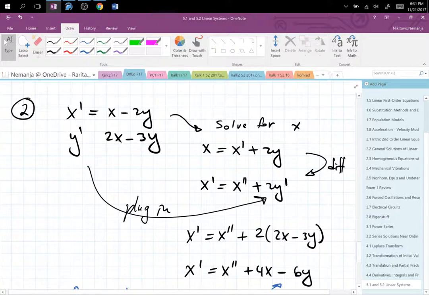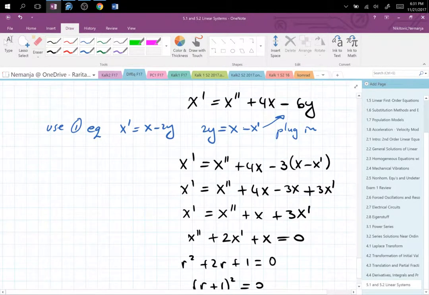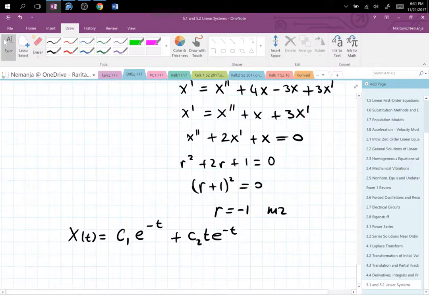So now, if I want to solve for y, I need to use the equation that we had, 2y equals x minus x prime.